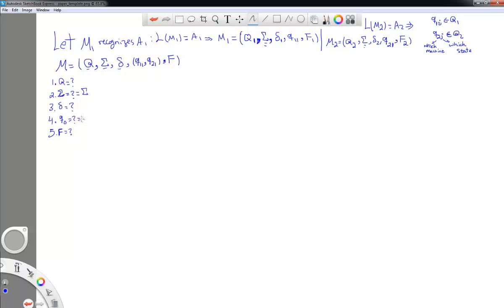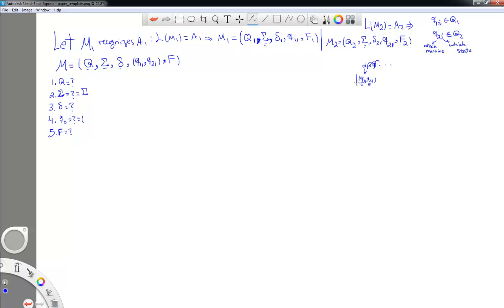Also, this was out of the way. Remember, when I have a sequence of, let's say, alpha, beta, gamma, and so on that comes in, I want to start with the initial state of both of my automata. So Q sub 1 1 and Q sub 2 1. I want to start with both of the start states.